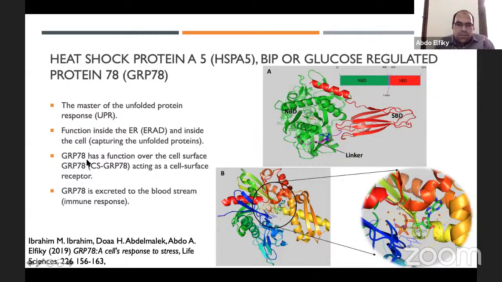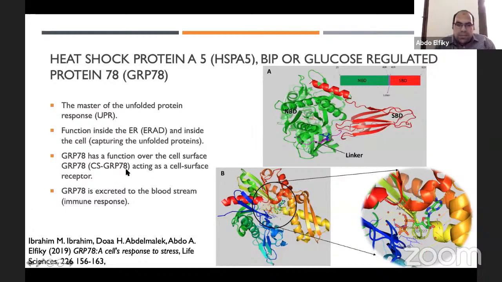They found that GRP78 can be localized to the cell membrane of the host cell, and called it cell surface GRP78. This cell surface protein can recognize different pathogens like viral pathogens or other pathogens such as fungi.